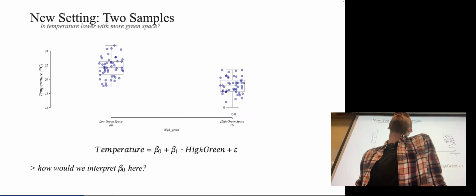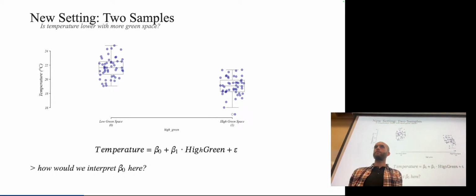So in this case, what's our x equals 0? Is it the low green space? Low green space. So if we're saying beta 0 is equal to the average at x is equal to 0, then beta 0 is going to represent the average temperature for low green space.